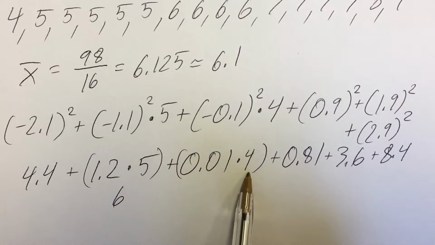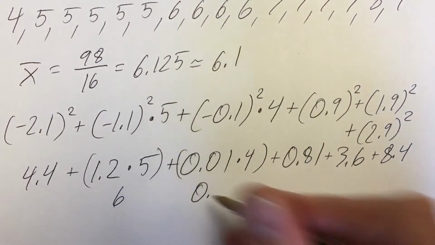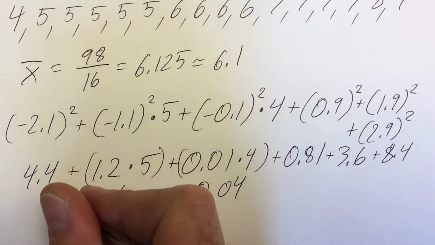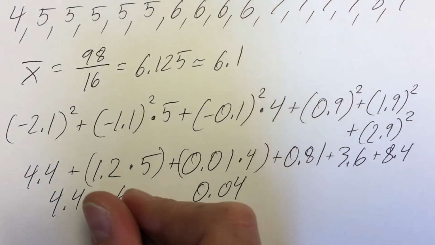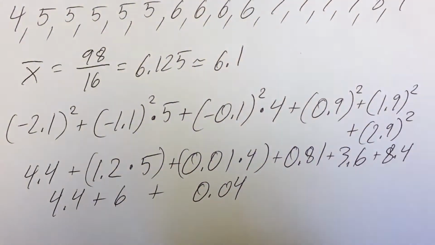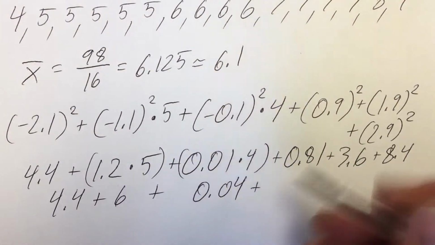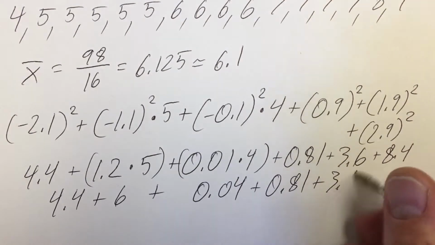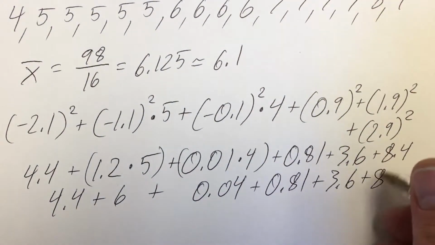And 0.01 times 4 would be 0.04. If we bring down our other values, we have 4.4 plus 6 plus 0.04 plus 0.81 plus 3.6 plus 8.4.